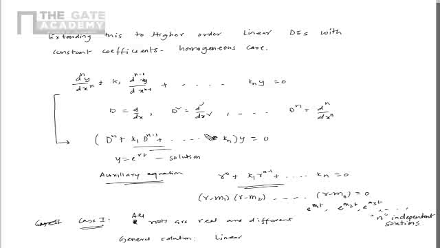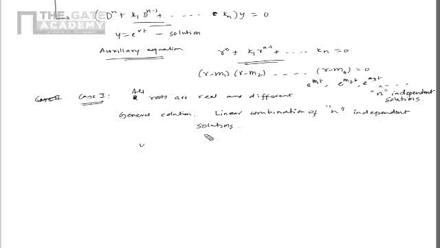Okay, so the general case will be a linear combination of n independent solutions. So I can write y as c1 e^(m1 x). I mean, instead of t you can put x also; I have used t here.